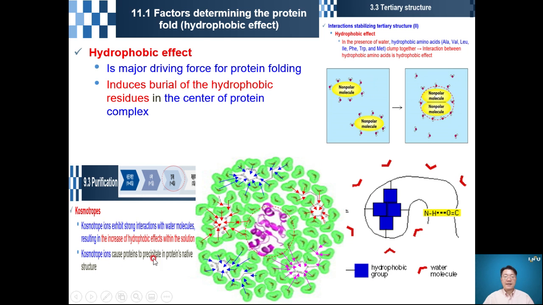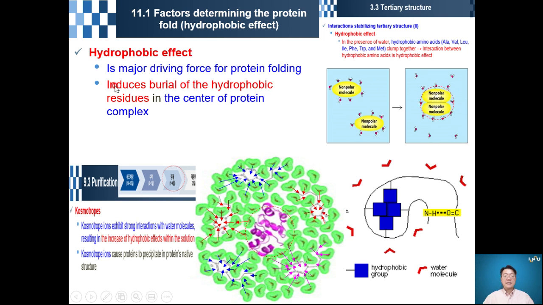So it means that cosmotropic ions cause proteins to precipitate in the proteins' native structure. Okay, so once again, the hydrophobic effect is a major driving force for protein folding.